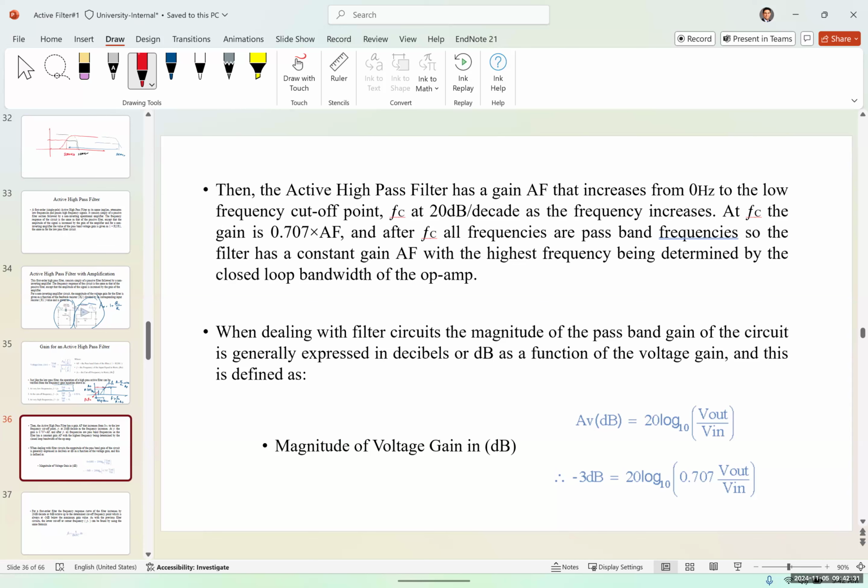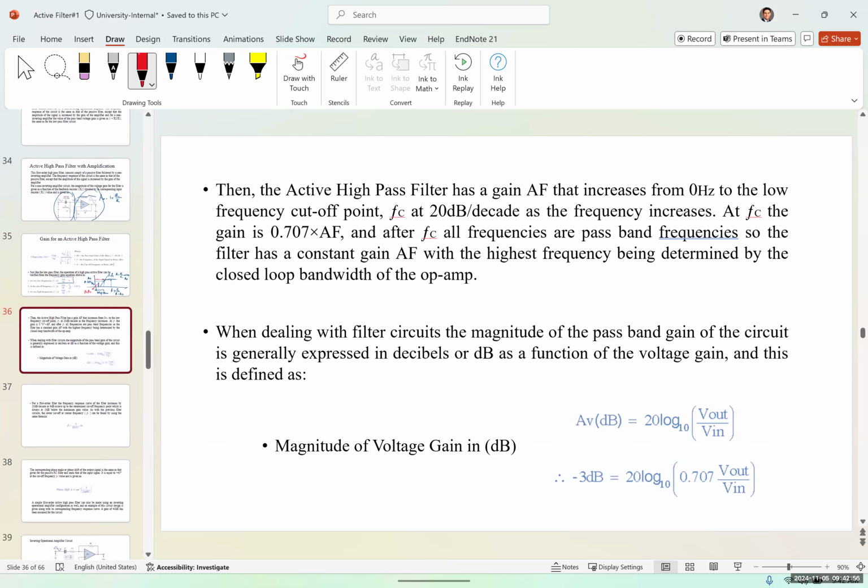For a second order, it's going to be 40, double this, for example. And at FC, the gain is 0.707, or square root of 2 over 2, of AF. After FC, all frequencies are passband frequencies, so the filter has a constant gain of AF. In other words, it's going to pass the frequency.